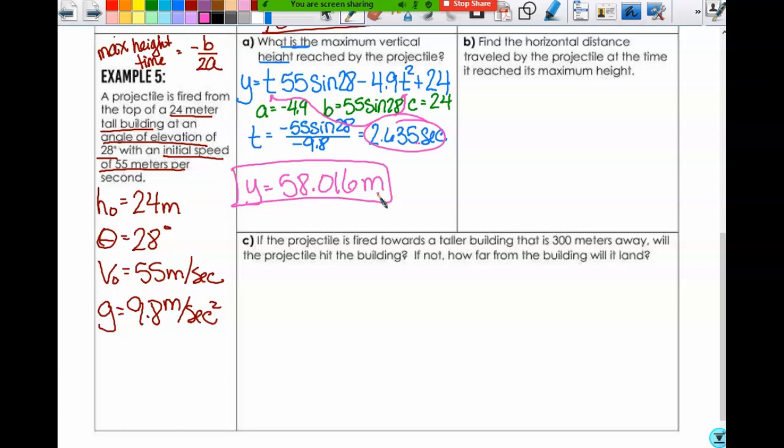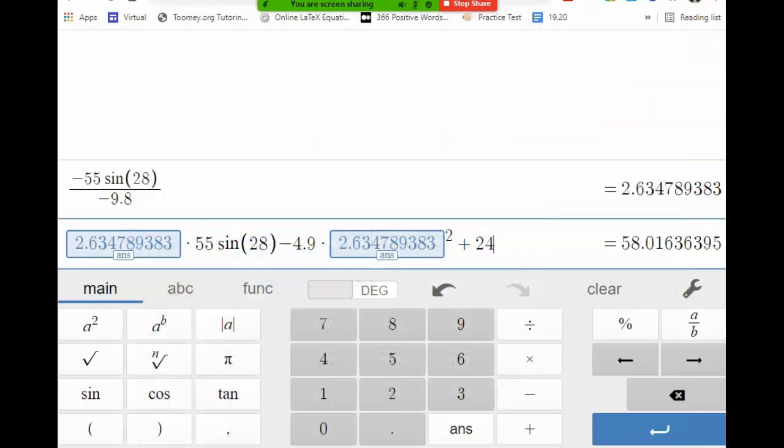So then it says to find the horizontal distance traveled by the projectile at the time it reached the maximum height. So this is when it reached the maximum height. And my equation looks like this. X equals t times the initial velocity, which is 55, times the cosine of the angle, which is 28. So I need to use that answer again. So remember how we copied and pasted the other day?